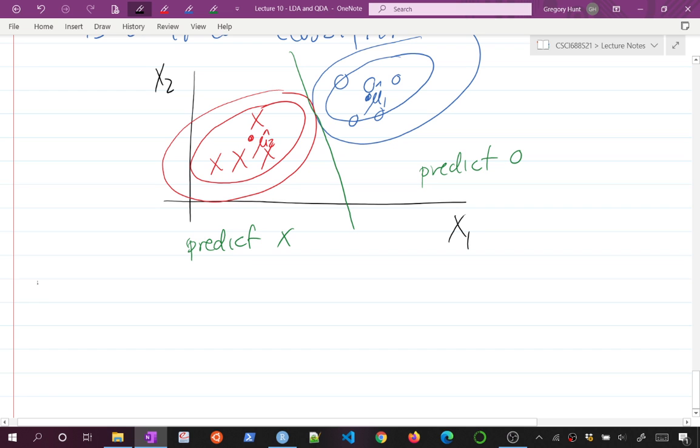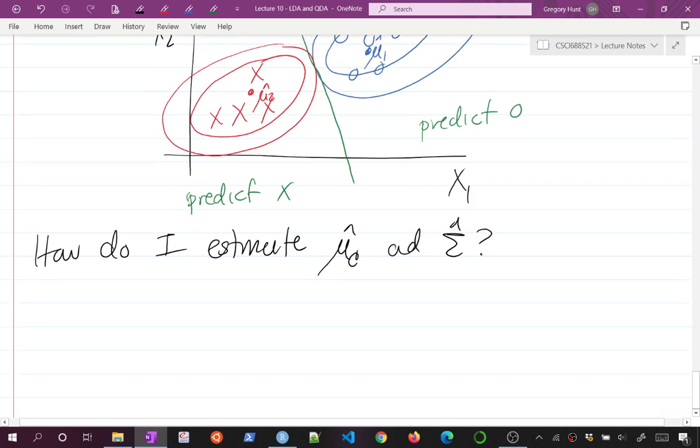So the question is, how do I estimate my mu hats? And I need a covariance matrix, sigma hat.